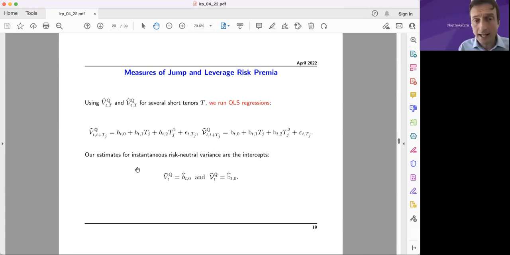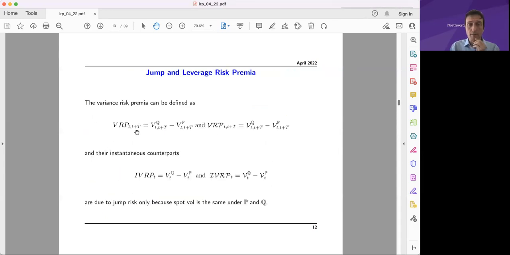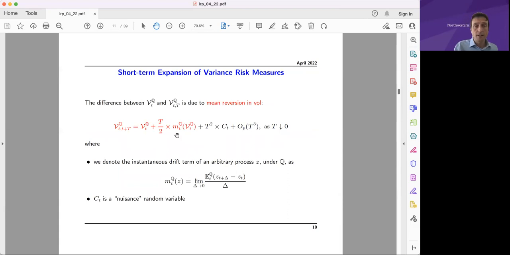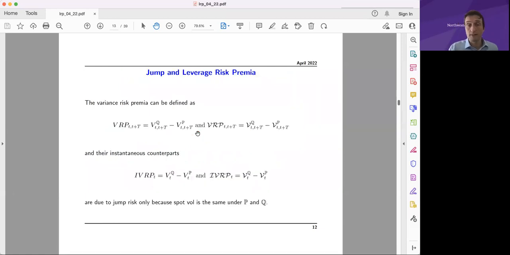And then the more interesting thing for us is probably the slopes. Just to remind you, looking back at these expansions, I have one slope which depends on the instantaneous drift, and in the second expansion, I have again the instantaneous drift and the leverage effect.